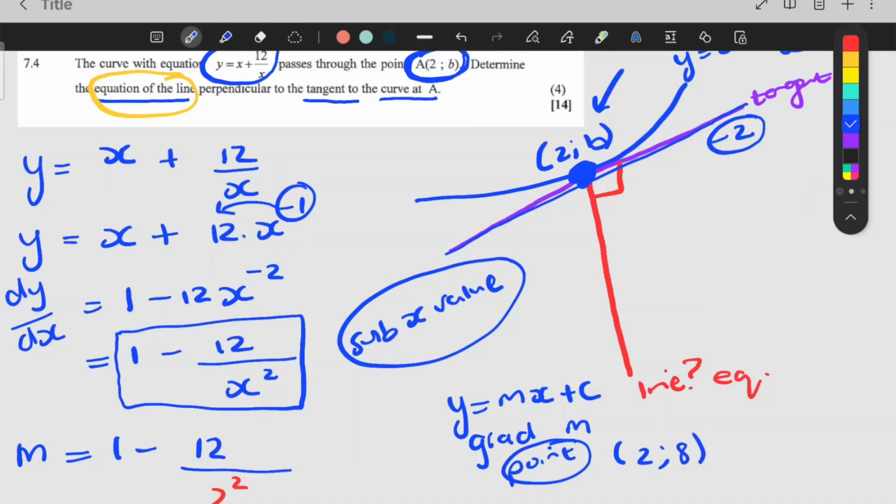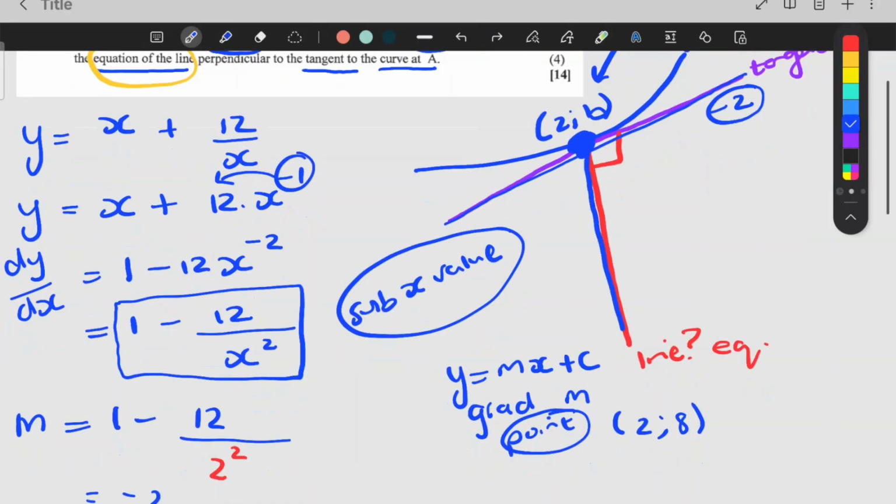Remember, this line is not a tangent, so this line's gradient is not negative 2. Now, if this gradient is negative 2 and these lines are perpendicular, then the gradient of this line is a positive. Remember, if this is a negative, then this is a positive. And if this is 2, which is 2 over 1, then the gradient of this line is 1 over 2. So the gradient of our line is a positive half.